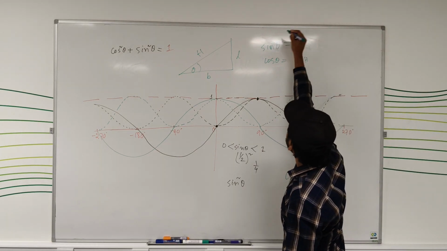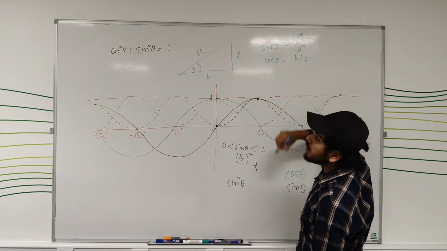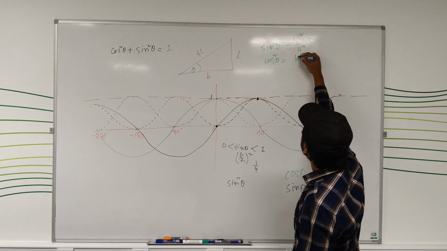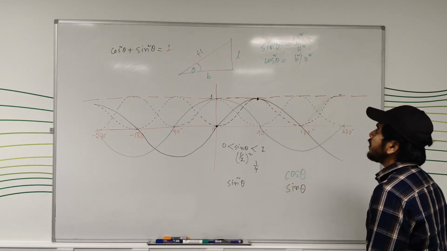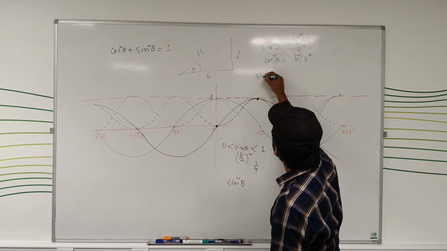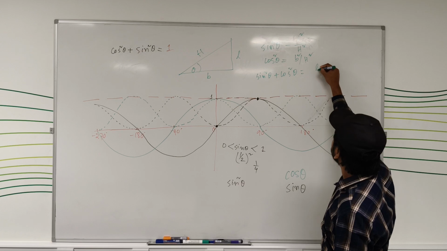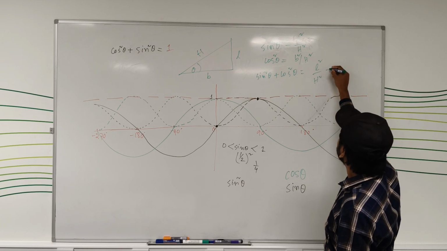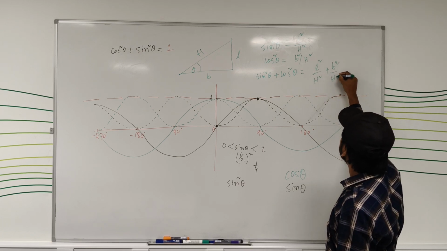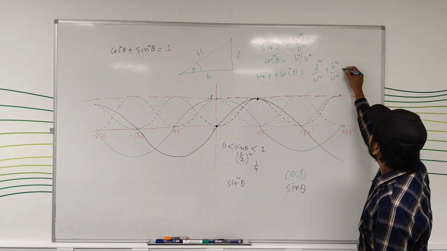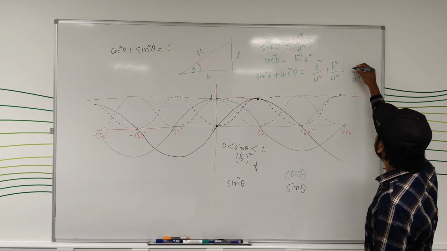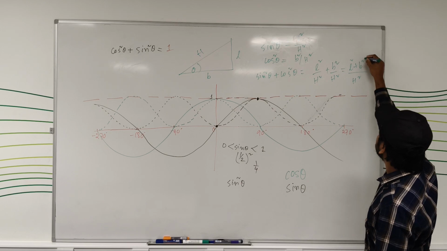So sine square theta is L square over H square, cos square theta is B square over H square. If we add them, sine square theta plus cos square theta will be L square over H square plus B square over H square. On the top we'll have L square plus B square.